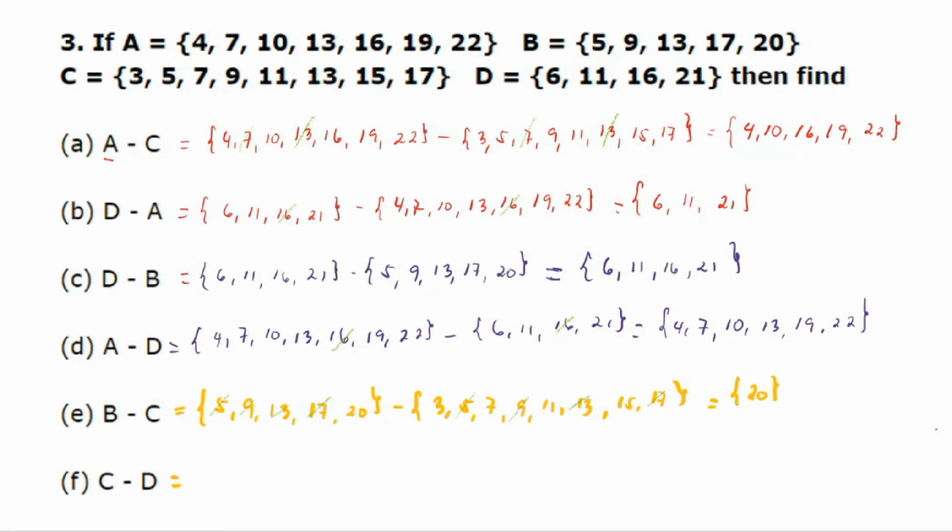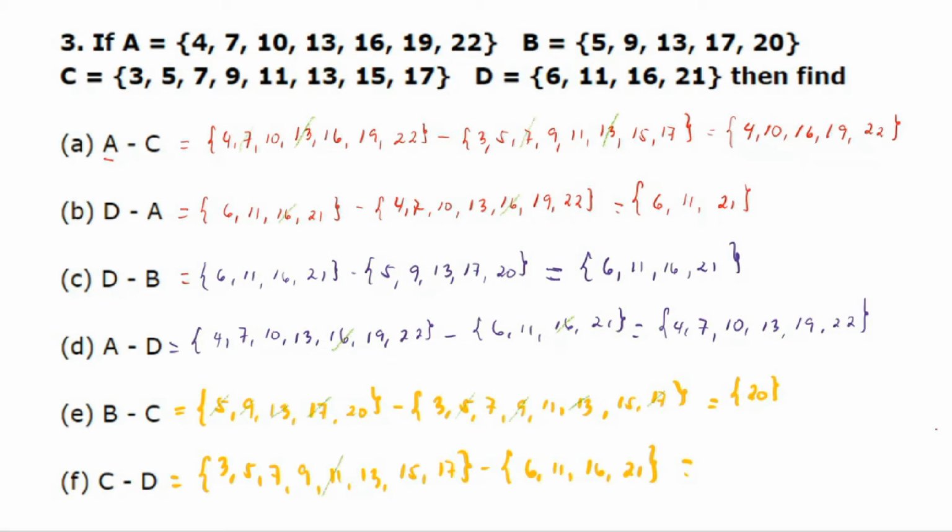Now next is C difference D. So our C again, I will write 3, 5, 7, 9, 11, 13, 15, 17. Difference D, whose set D is 6, 11, 16, and 21. So can we cancel 3? No, because we don't have 3 here. About 5, we don't have 5 on this set either. 7, we don't have. 9, we can cancel 9. 11, we can cancel 11.